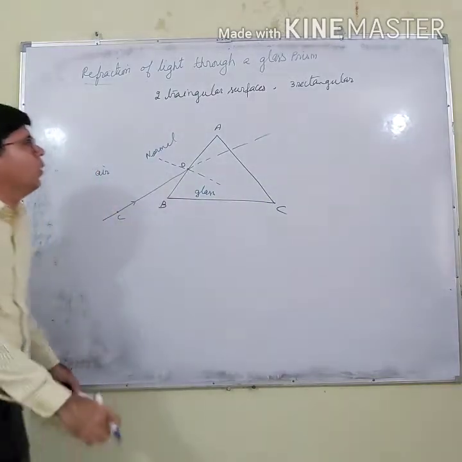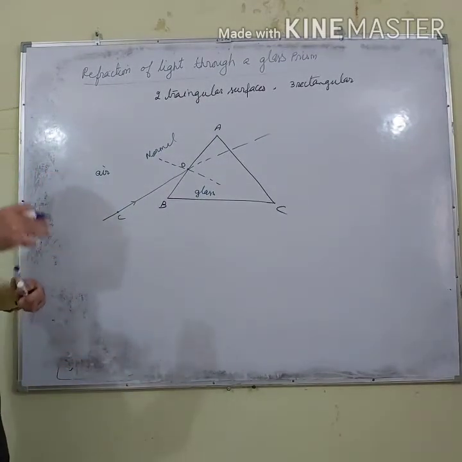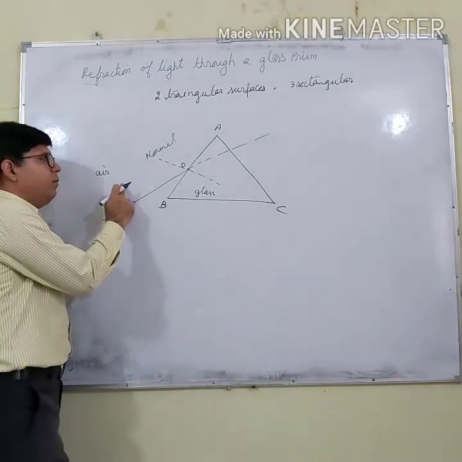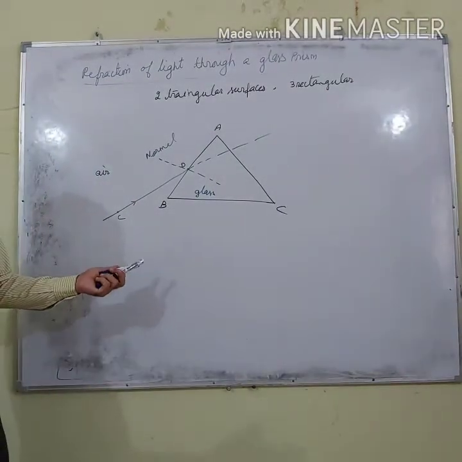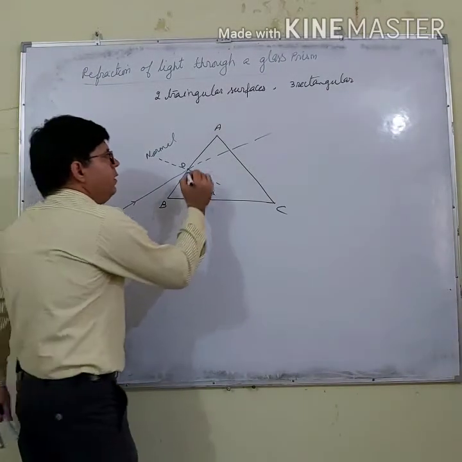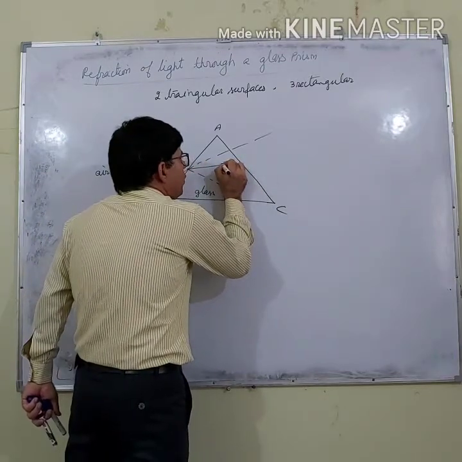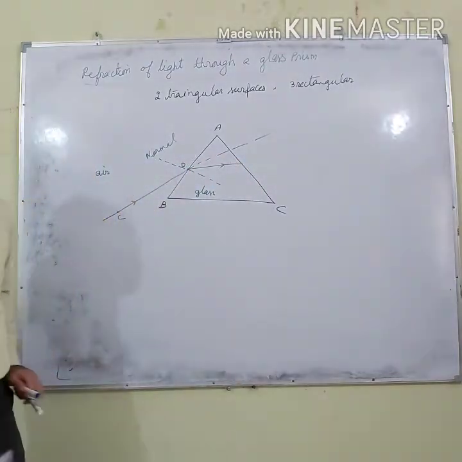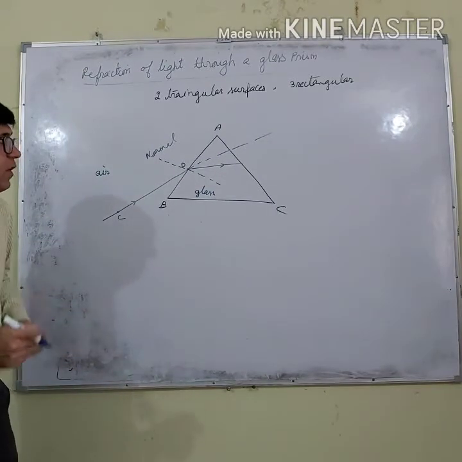No. Will this ray move away from the normal? Will this ray move towards the normal? And we know that when a ray of light moves from a rarer medium to a denser medium, it moves towards the normal. So let us say this ray of light moves towards the normal.